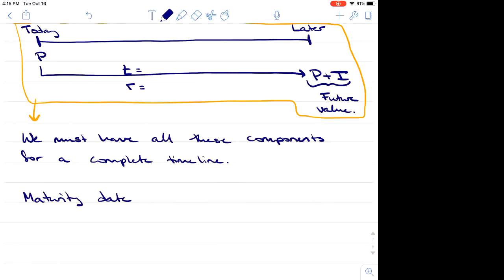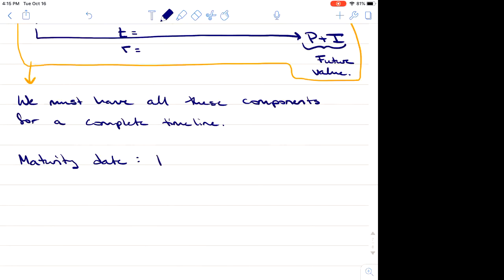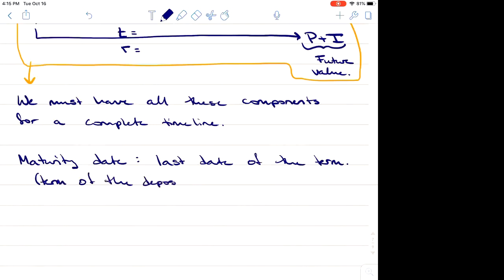Just so you're not confused when you're reading questions in the textbook, maturity date is the last date of the term of the deposit or loan.